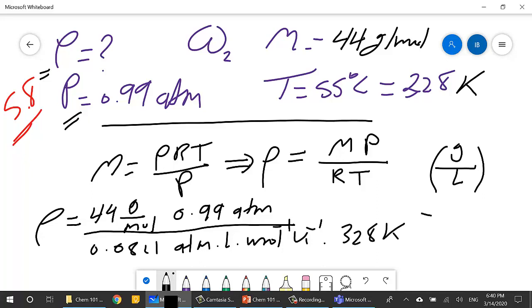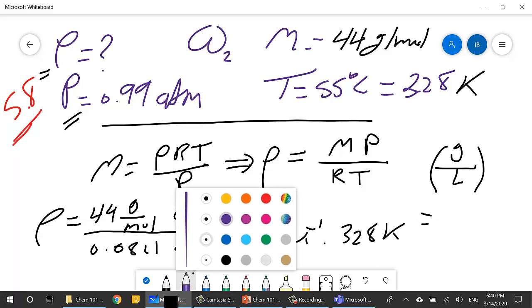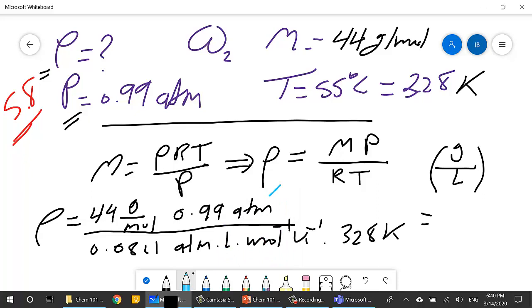It's very important in these questions to put the units, because you want to see if they cancel out or not. Let's see what we have here. This atmosphere goes with this atmosphere. This Kelvin goes with this Kelvin minus 1. And this mole goes also with this mole. So we are left with gram divided by liter, which is good. If you do the math with the calculator, you will find the answer to be 1.62 gram per liter.